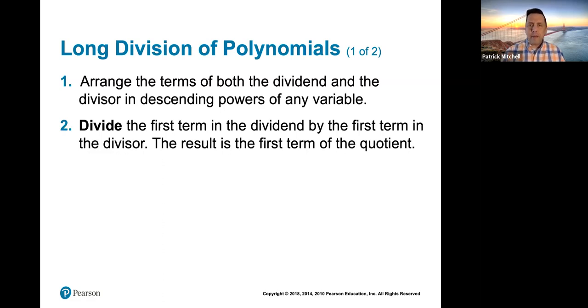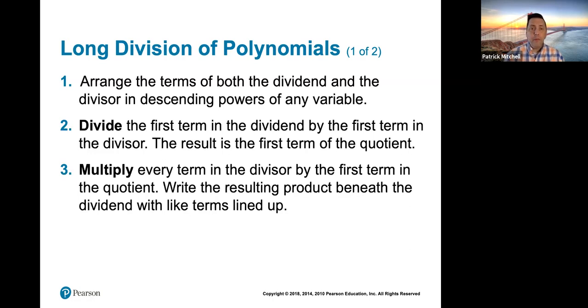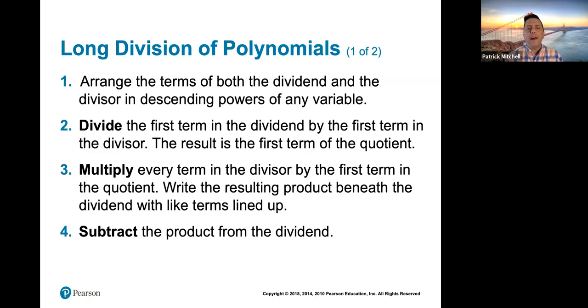Divide the first term in the dividend by the first term in the divisor, and the result is the first term of the quotient. Then you multiply every term in the divisor by the first term in the quotient and write the resulting product beneath the dividend with like terms lined up. And then subtract that product from the dividend. All right, so just remember, divide, multiply, subtract.